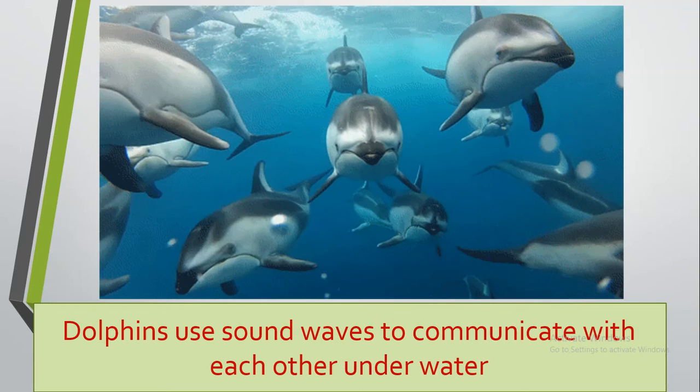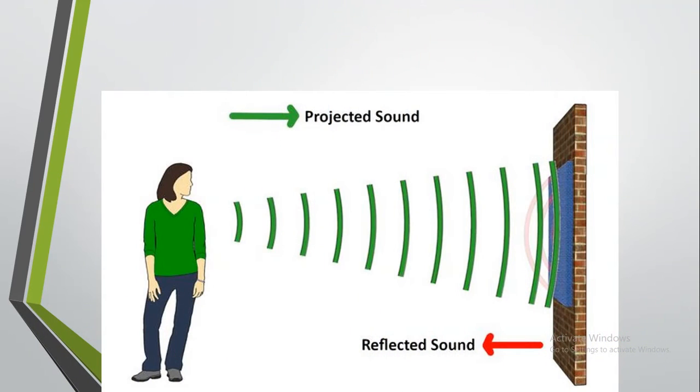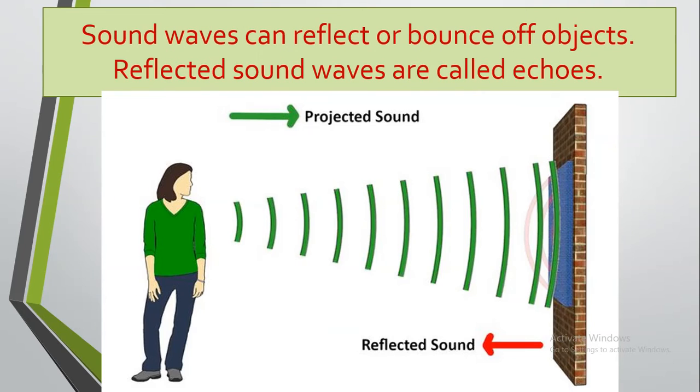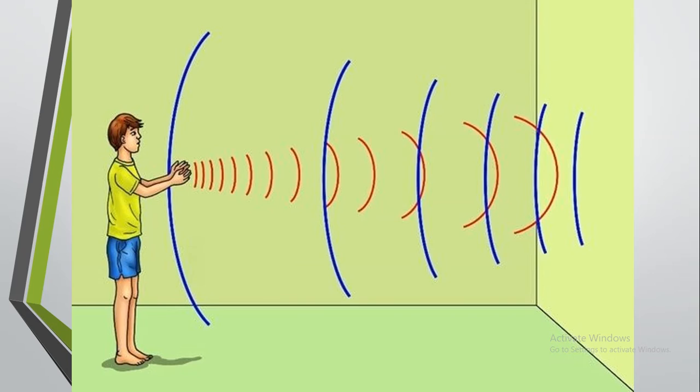The last thing we're gonna talk about: sound waves can reflect or bounce off objects. Reflected sound waves are called echoes. You can hear echoes when sound waves bounce off the face of a large building or the walls of a gym.